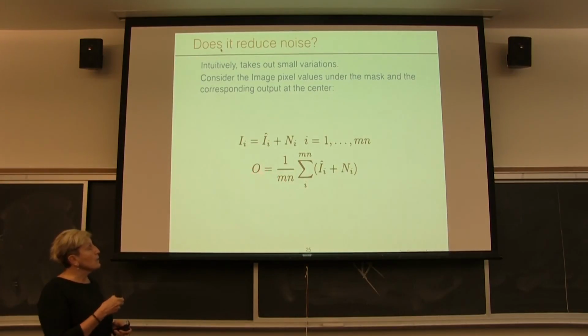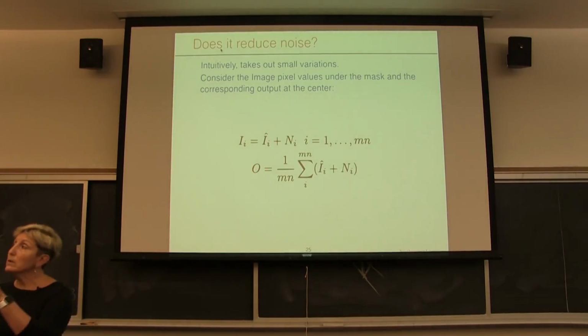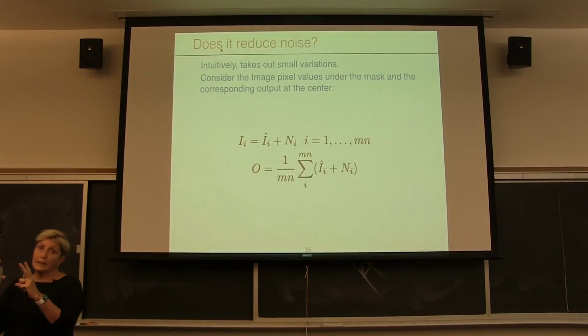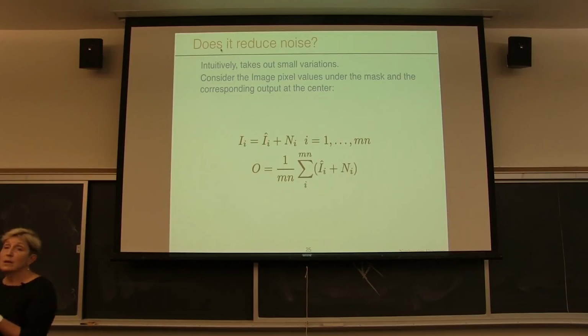So this is the output at the center of that neighborhood. I have a neighborhood, I apply the filter, and now I have one value coming out. That's O. Now I'm going to ask about the expected value of O and the variance of O, in a probability sense. All right, so what is the expected value of O?